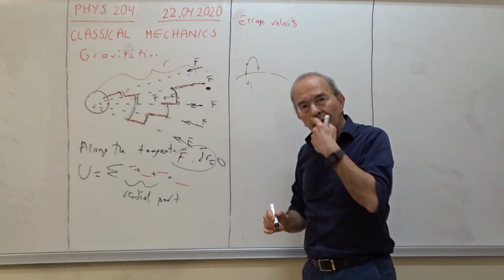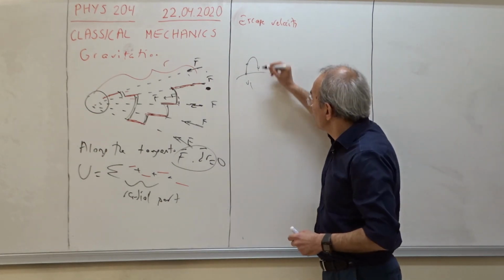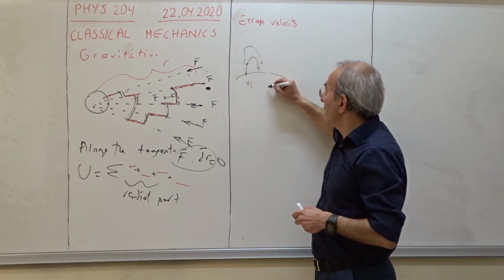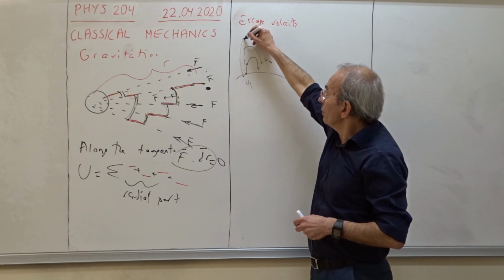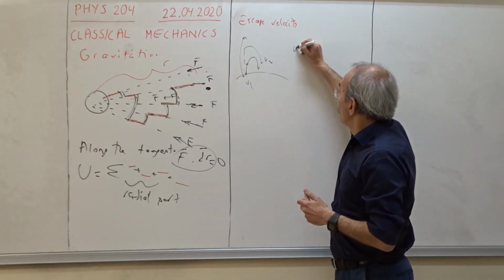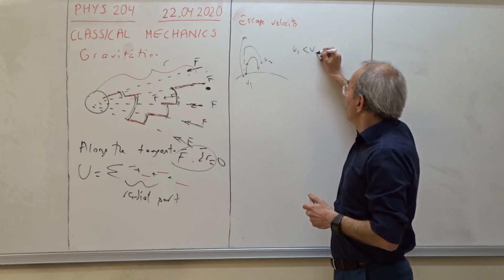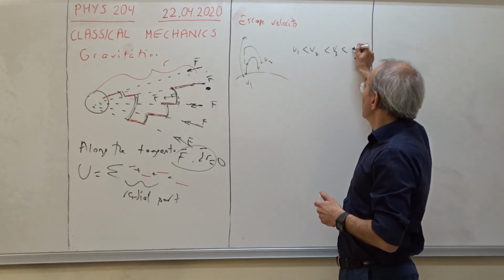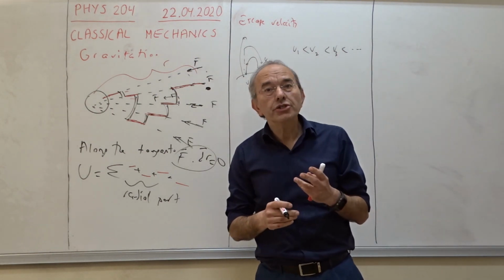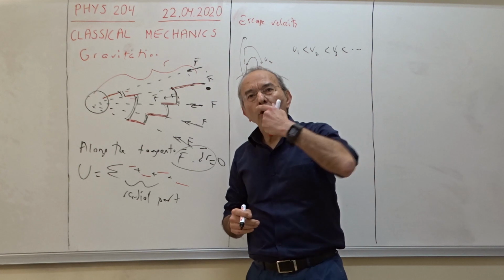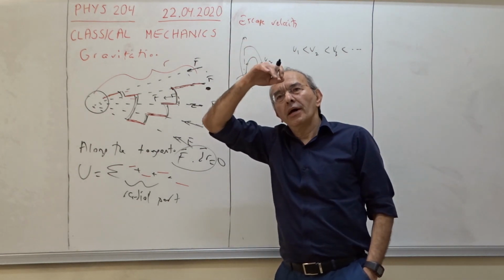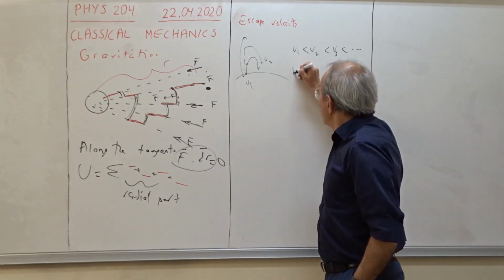If you throw it with a greater initial velocity v2, it goes to a greater height, however, it falls back. If you throw with still a greater initial velocity v3, the corresponding heights change. As you increase the initial velocity, the height it can reach can increase, obviously.